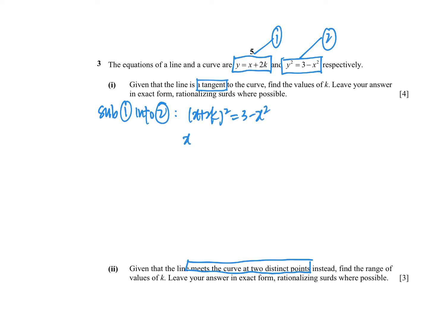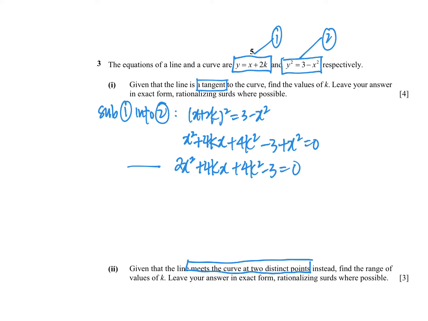So you will get 2x squared plus 4kx plus 4k squared minus 3. This is the quadratic. So what did the question say? The question says the line is a tangent to the curve. So discriminant is equal to 0.